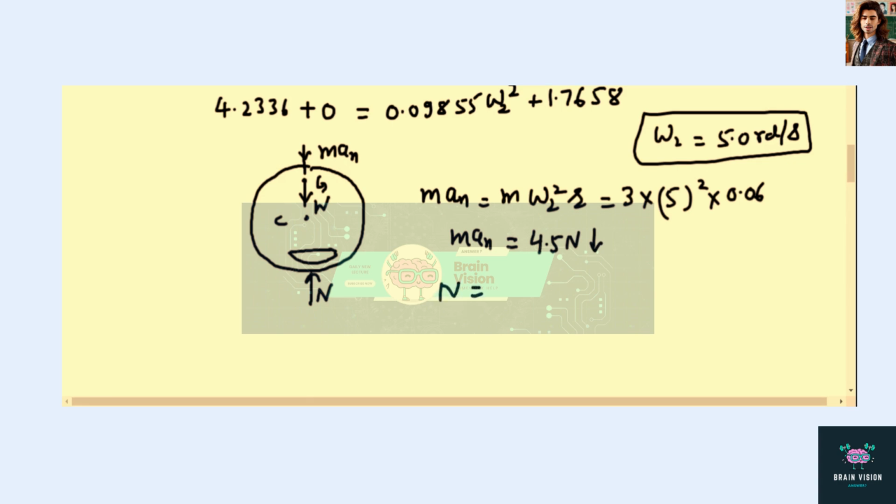So N will be equal to this 4.5 Newton plus weight. Weight is 3 into 9.81. So N you will get 24.9 Newton in upward direction.